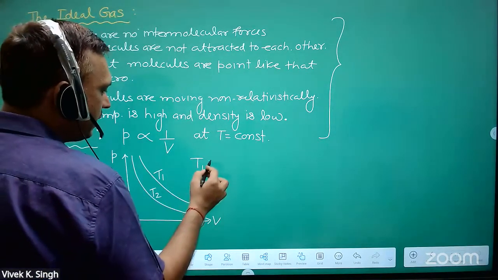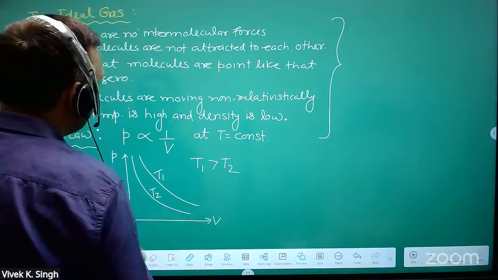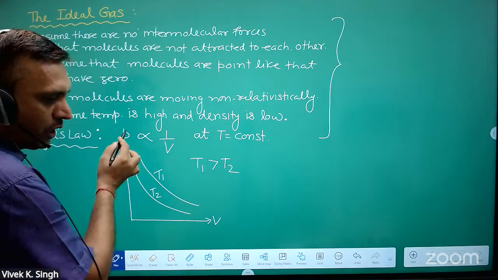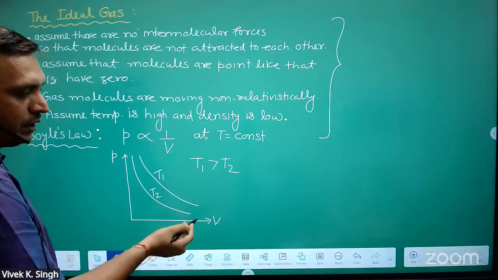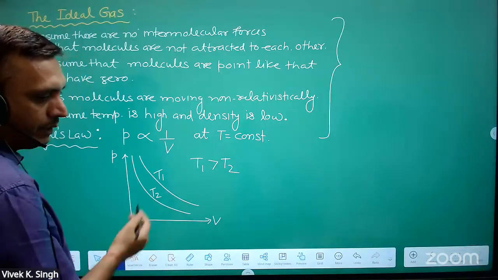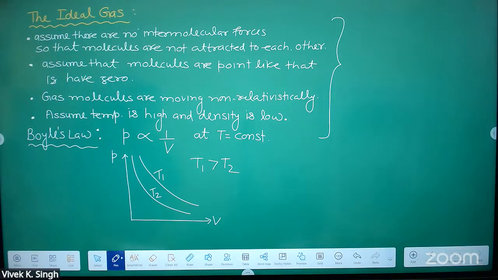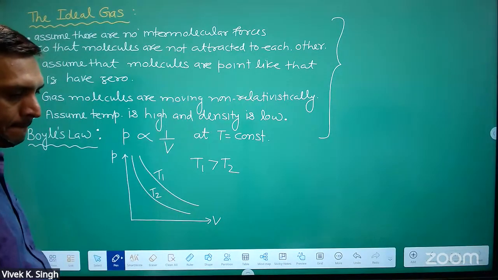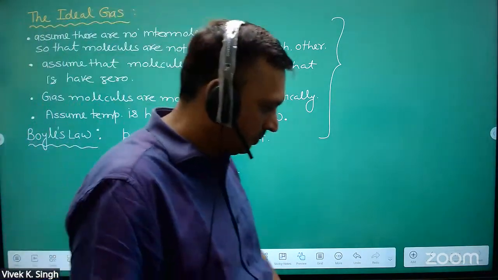Yes, T1 is greater than T2. So this is according to Boyle's law. If you have an ideal gas, according to Boyle's law, you will get this particular relation between pressure and volume at different temperatures. Clear? Yes, sir. Did you note it down? Yes, sir.